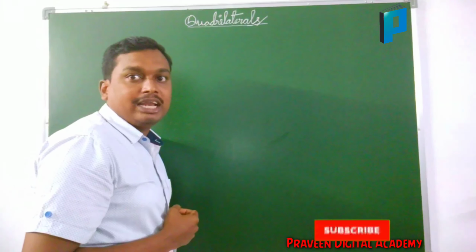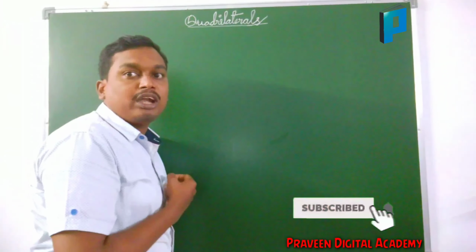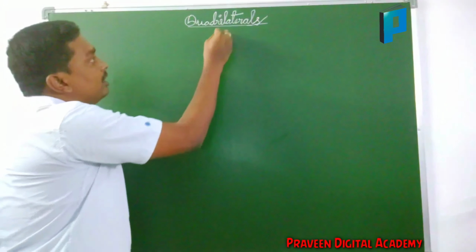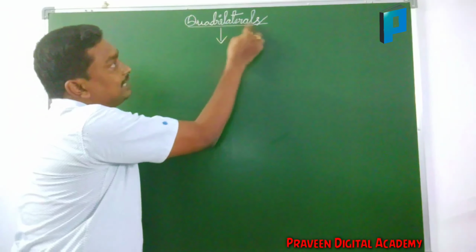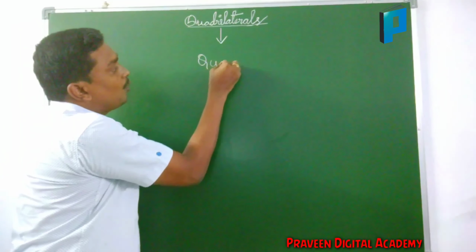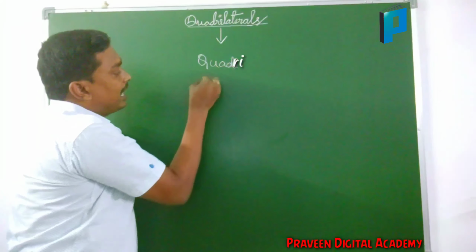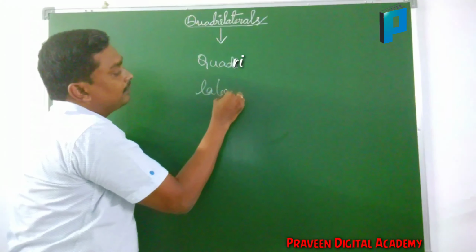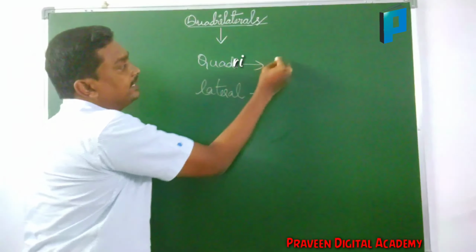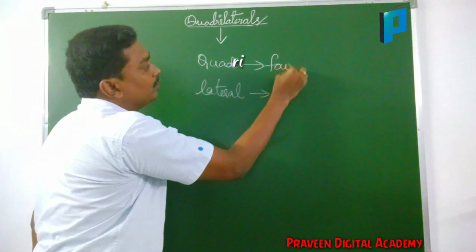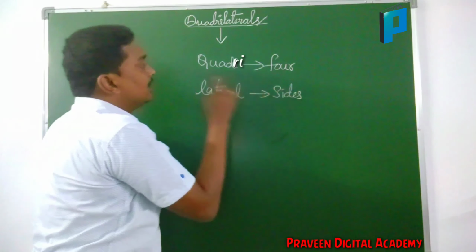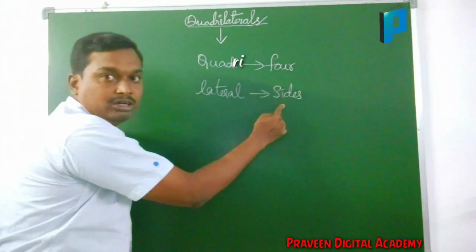Before going to the quadrilaterals, let us see what is called a quadrilateral. Quadrilateral has two words, namely quadri and lateral. Quadri is nothing but 4. Lateral is nothing but sides. Quadrilateral means 4 sides.